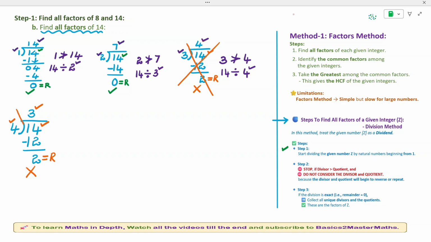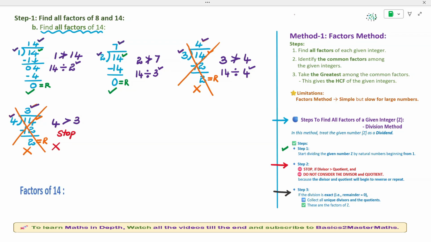Therefore, please do not consider this step. In this case, the divisor 4 is greater than the quotient 3. So, as per the rule, please stop here and do not consider this step.